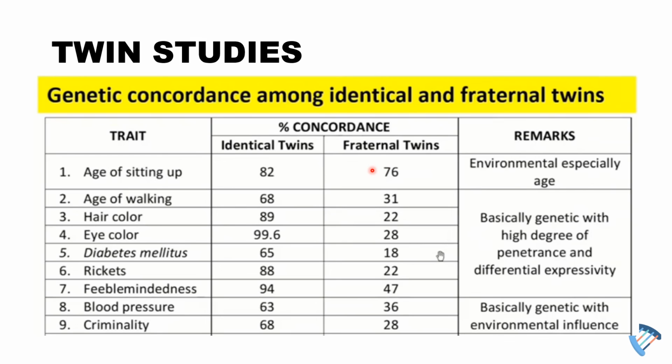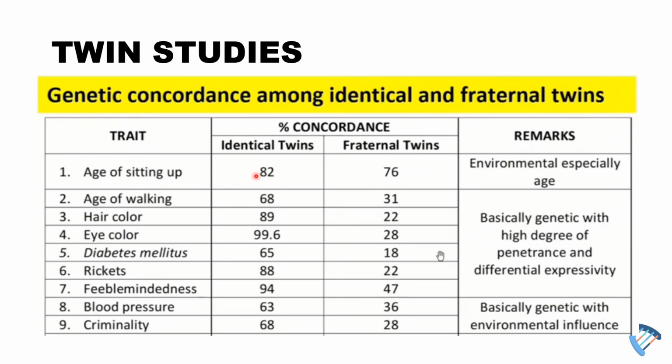If the trait is shown in both of the pair, it is concordance. Pero pag only one of the pair showed that trait, then this is discordance na tinatawag. Yung extent ng concordance of the twins may be used to measure the role of the environment and heredity in the expression of the phenotype.